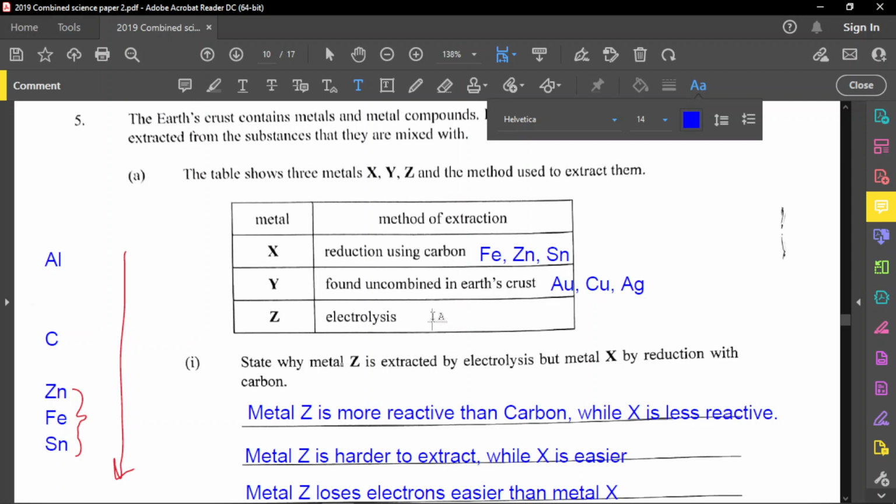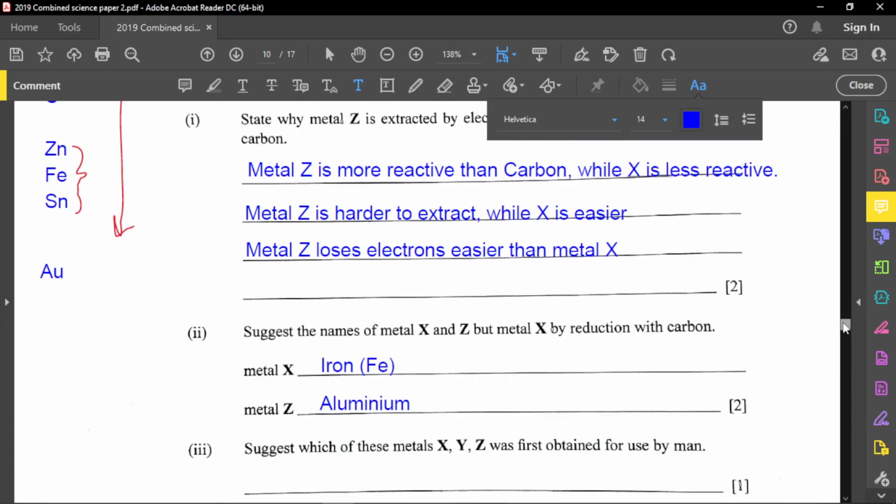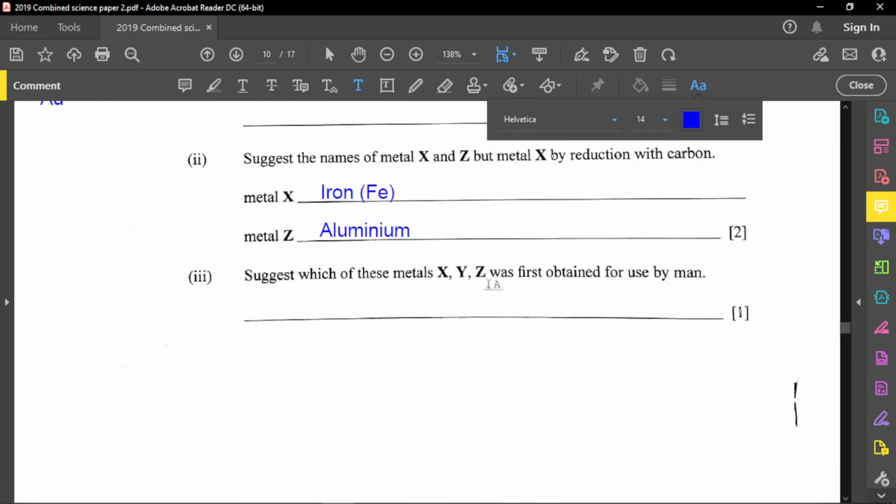So again, the first metal to be used or obtained by man is actually copper. Copper is the very first metal used by man, so copper falls in the category of Y. So Y is our answer, and you put Y there, because it contains copper, gold, or silver.